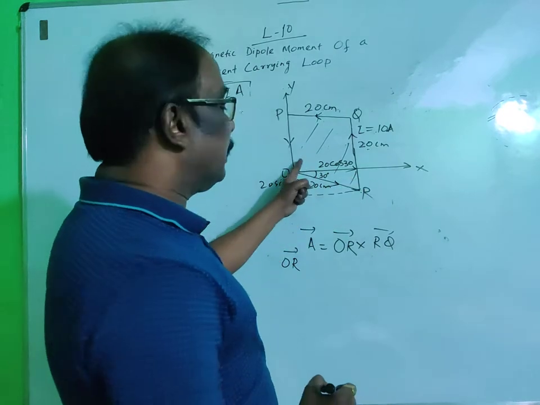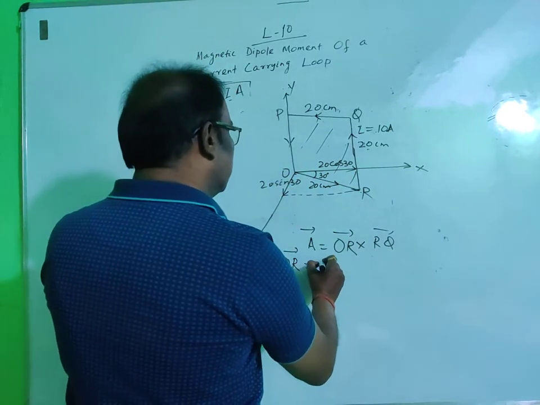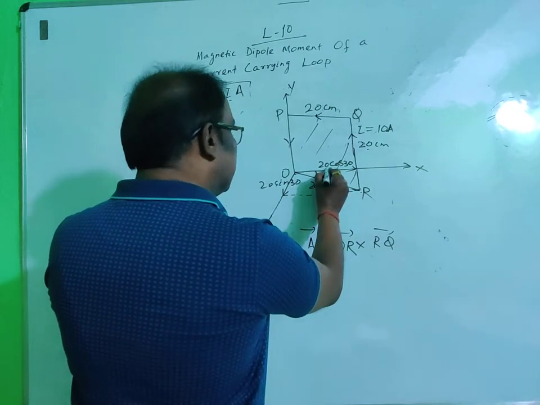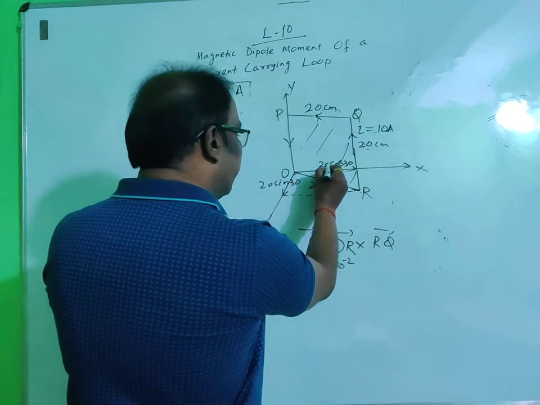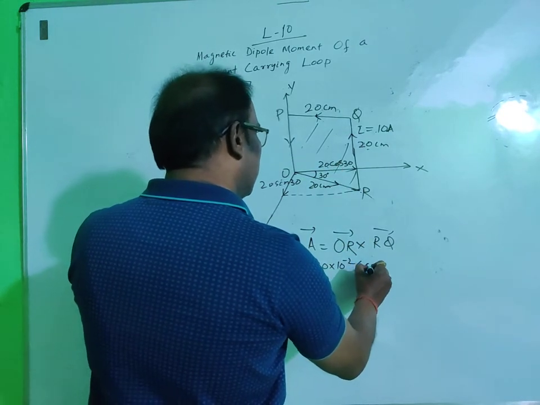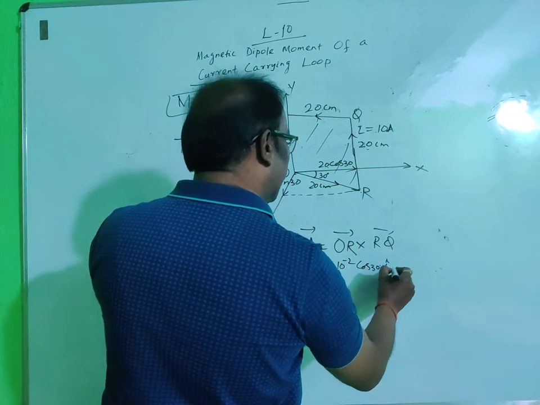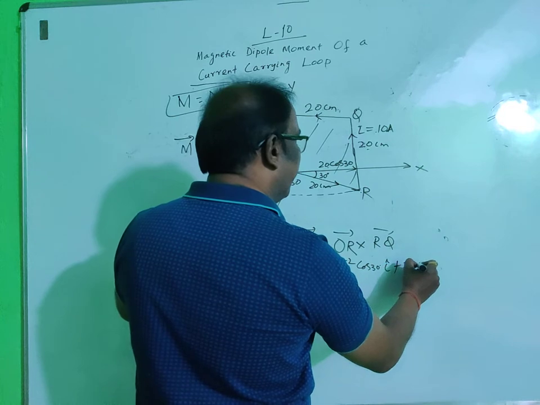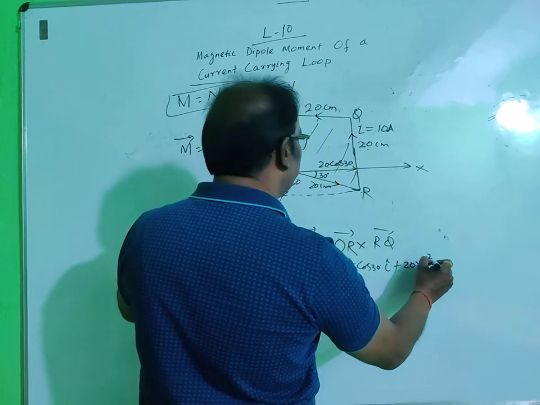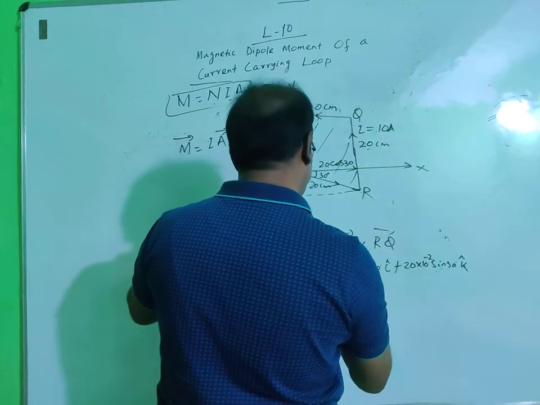Thus OR is, in meter, 20 into 10 to the power minus 2 cos 30 along the x axis, i cap, plus, along the z axis, 20 into 10 to the power minus 2 sin 30 in the k cap direction.